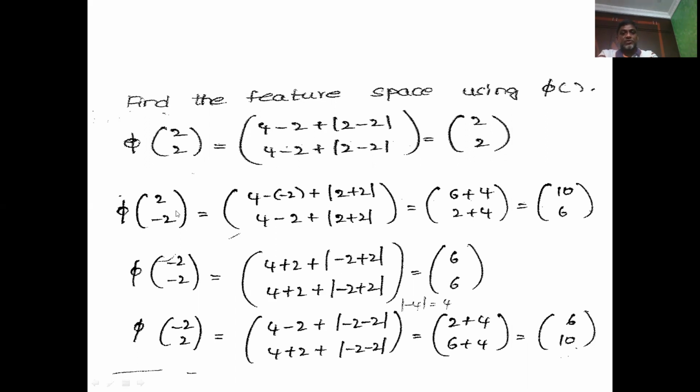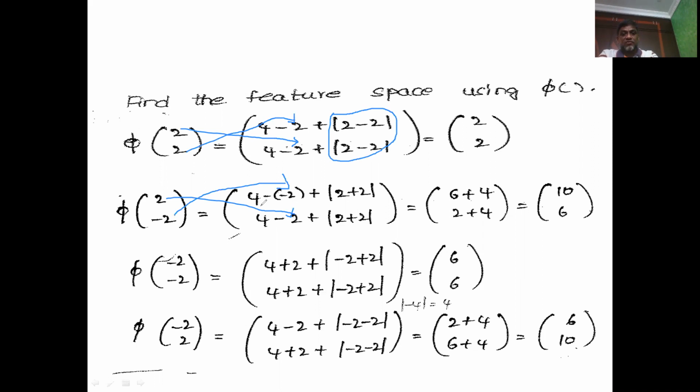And the second point, 2 comma minus 2, is now moved. What we need to understand is the formula goes like this: this goes to this position, and this goes to this position while calculating the value, and this is going to be x1 minus x2. Now 2 is used here, and minus 2 is used here.